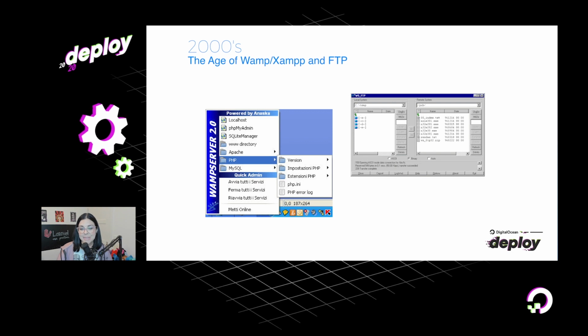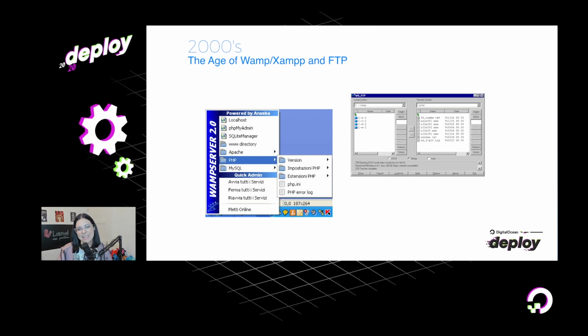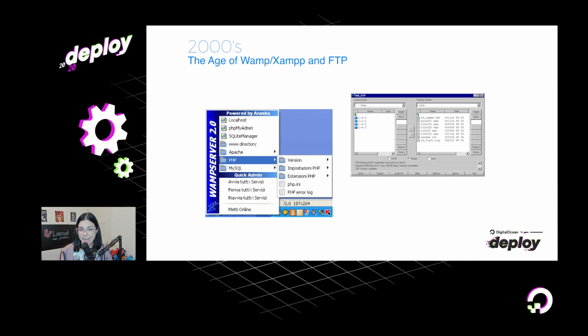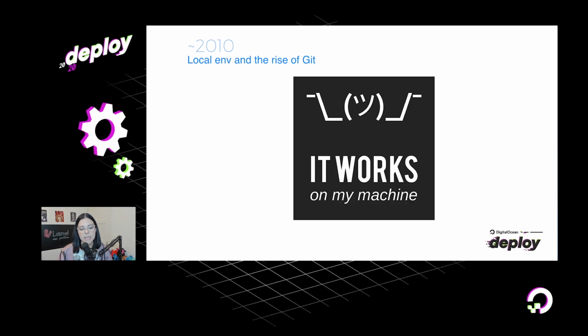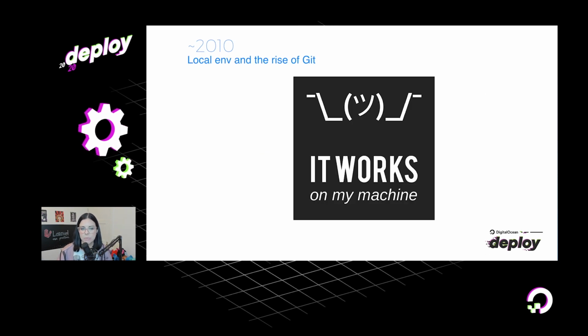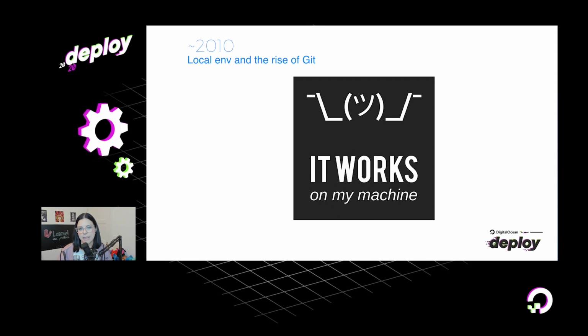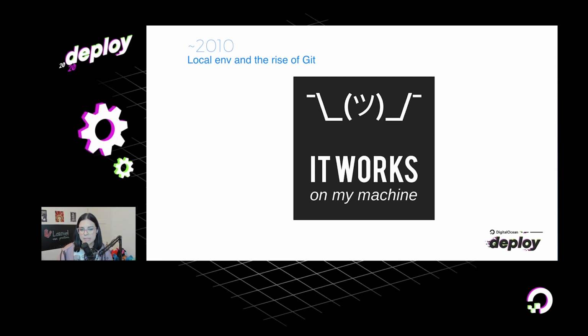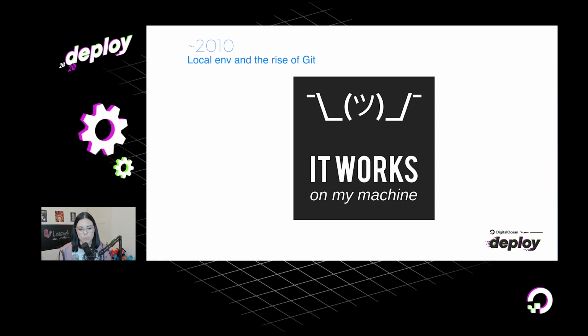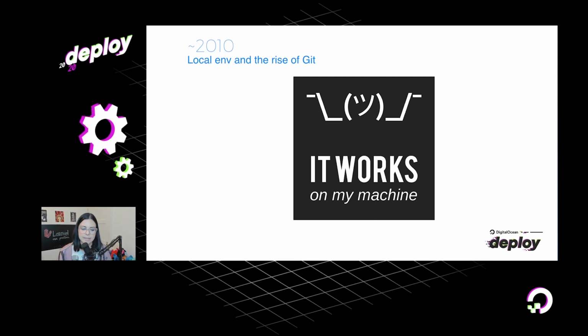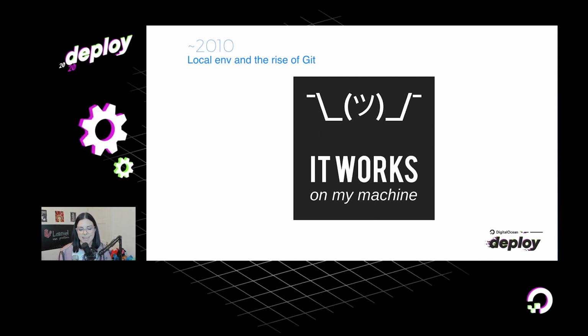But things started to change, right? And eventually in 2010, I changed to use Linux on my working machine, and then I started using local environments to run my applications, and then this started to be a trend.